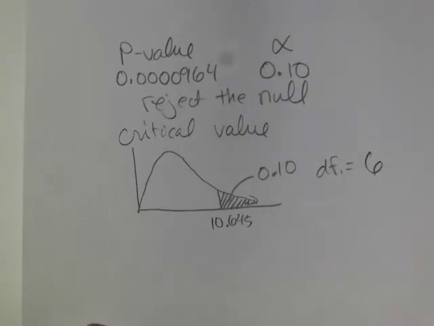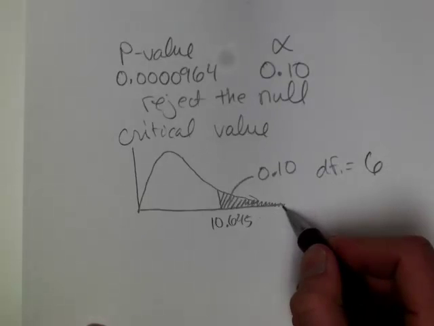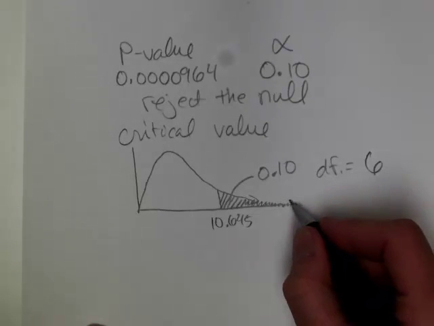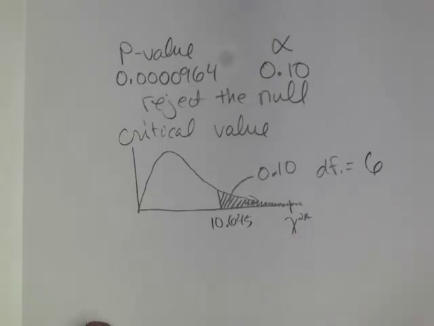Now our test statistic of 27.94 is way out in the tail, so we're rejecting the null strongly.